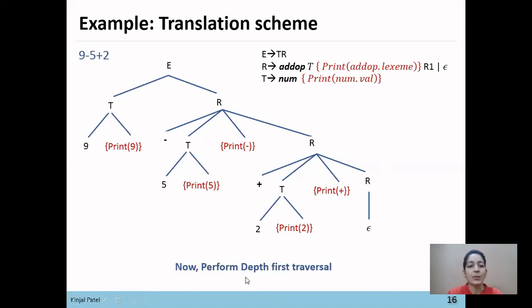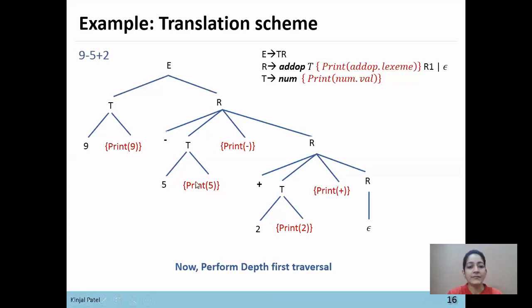Okay, now we'll perform depth first traversal, means we'll traverse from top to bottom and in left to right manner. So we can see that the postfix notation has been produced in this parse tree. Start from top to bottom. So here print 9 means 9 gets printed. Then from left to right scan, and here print 5. So after 9, 5 gets printed.